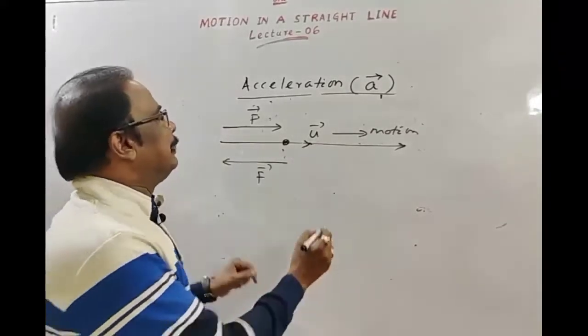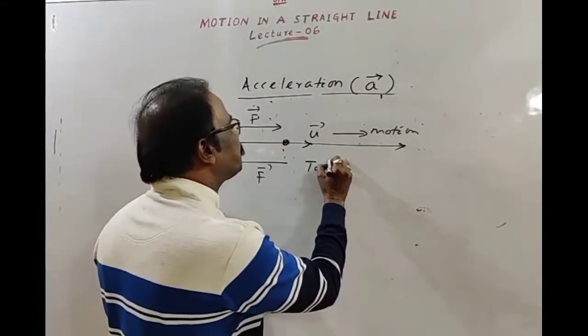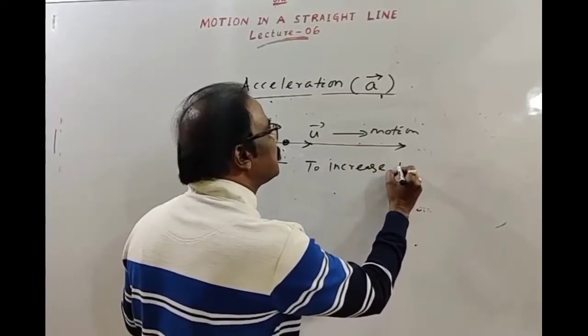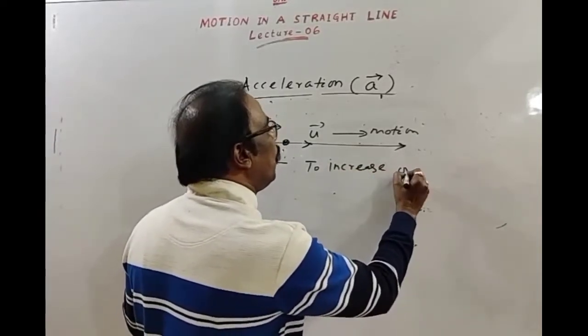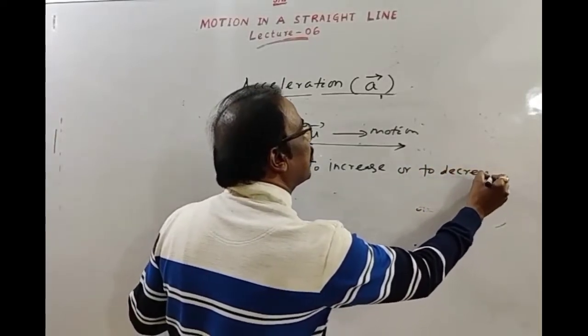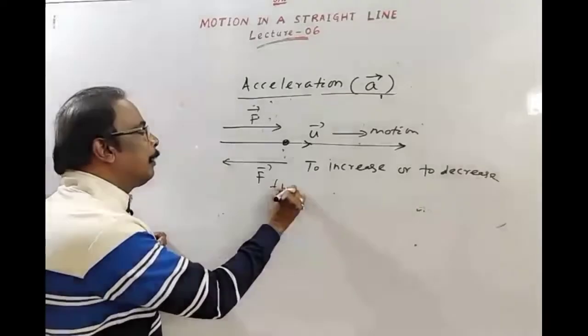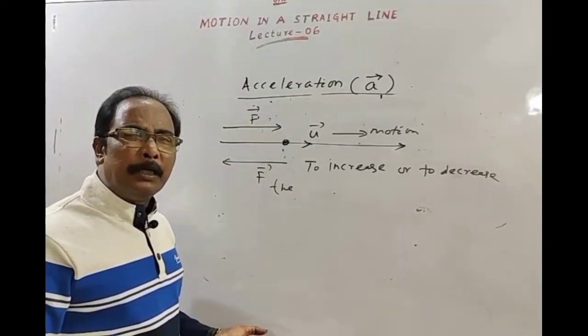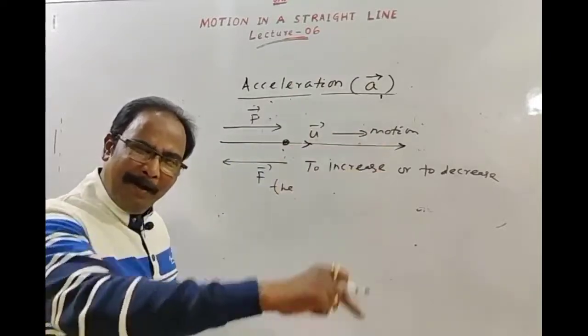Thus, very important formal discussion: to increase or to decrease the magnitude of velocity, or speed. Speed is the magnitude of velocity. As you know, velocity is defined as speed in a given direction.